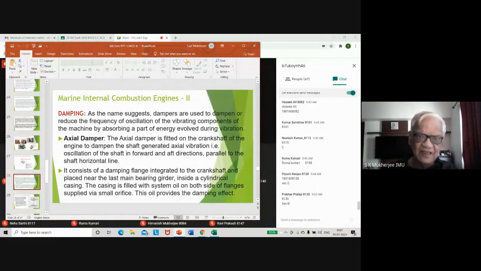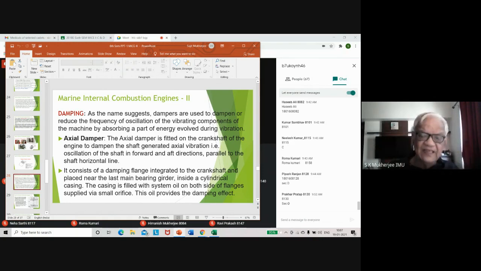Most likely it is ebonite or polytetrafluoroethylene, or it may be some soft grade of bronze or brass. I'm not sure exactly what material it is, but definitely it has to be a material which is not a hard surface, otherwise it will damage the casing in which it moves.